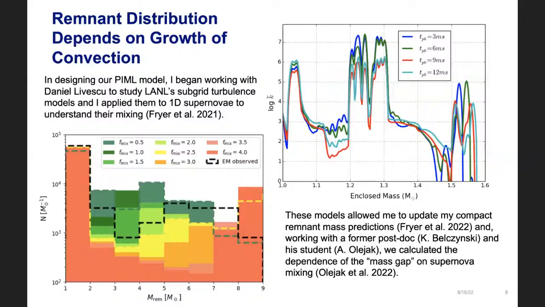And this is also an example of taking advantage of not just using what we standardly use for subgrid models for convection in supernova, like the mixing length theory, but also moving to what the engineering community, the turbulence engineering community, the Division of Fluid Dynamics at APS, go to one of their meetings, are using for subgrid models for Reynolds-averaged Navier-Stokes models for studying convection.